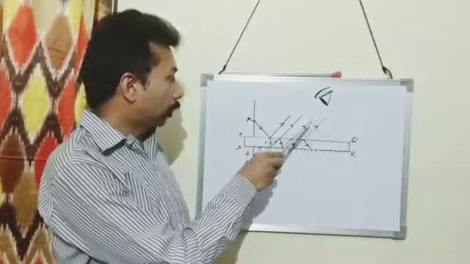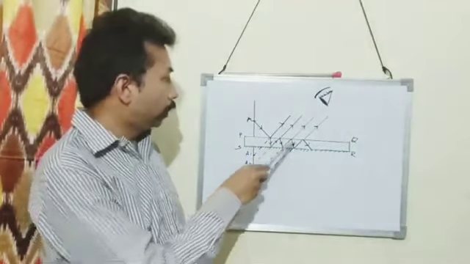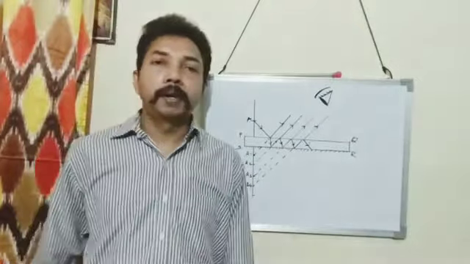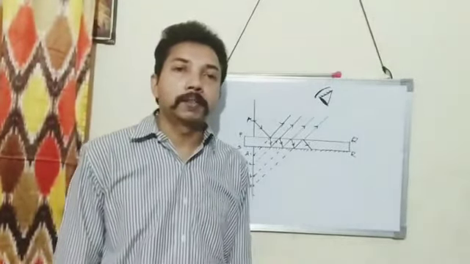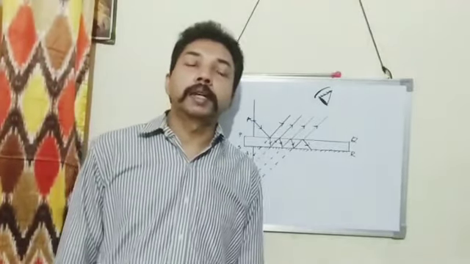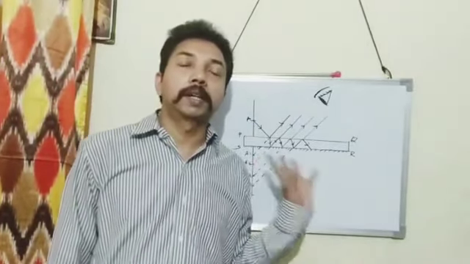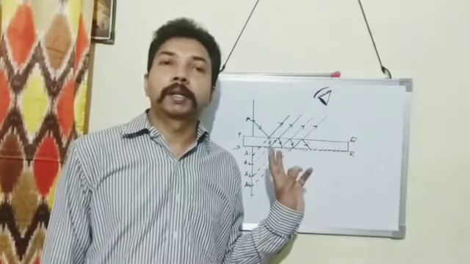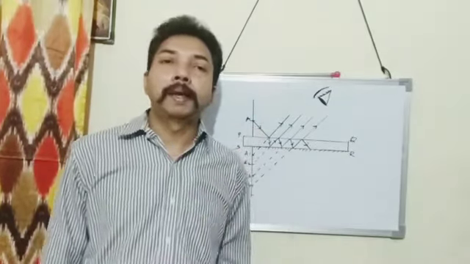This emergent ray on producing gives the third image. This way the process continues and a number of images are formed. Multiple images are formed. Out of all these images, the second image is the brightest. This is the diagram showing the multiple images formed in the case of a thick plane mirror.